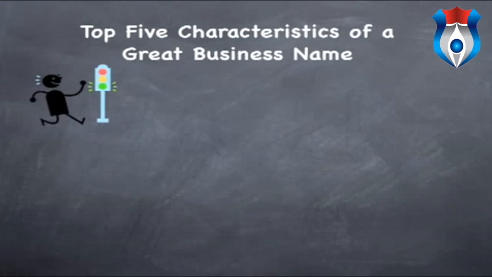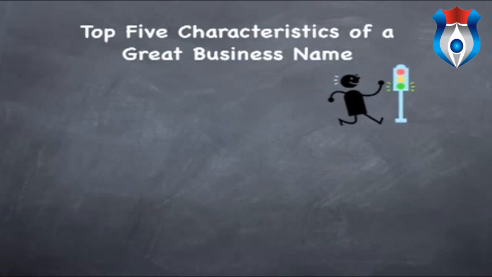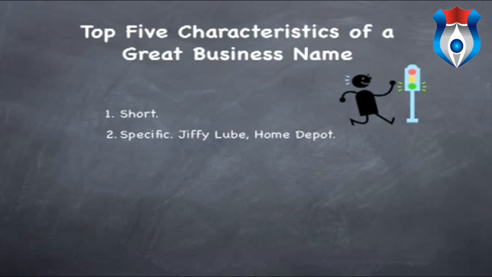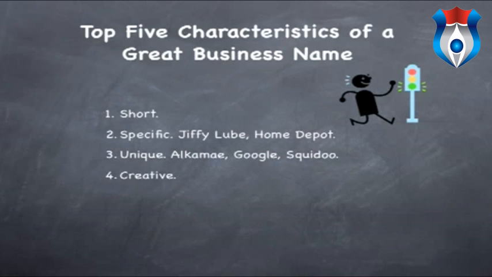Top 5 characteristics of a great business name. 1. It's short. 2. It's specific and reflects a specialized business, like Jiffy Lube and Home Depot. 3. It's unique. Consider using words that are not in the dictionary, like Alchemy, Google, and Squidoo. 4. It's creative.